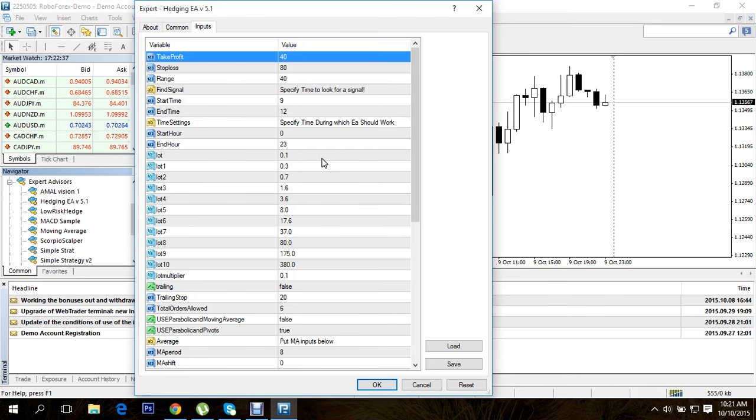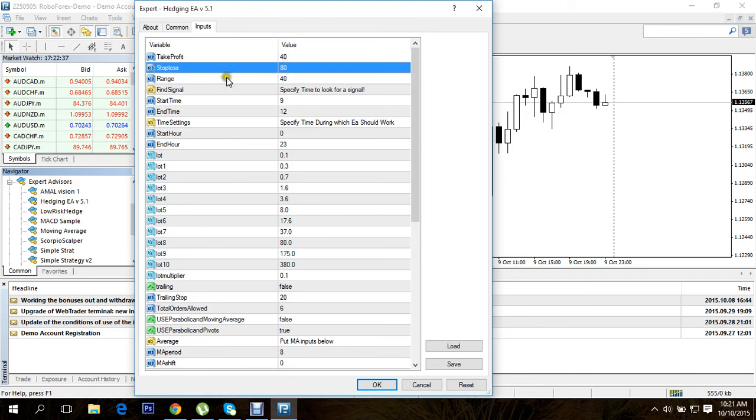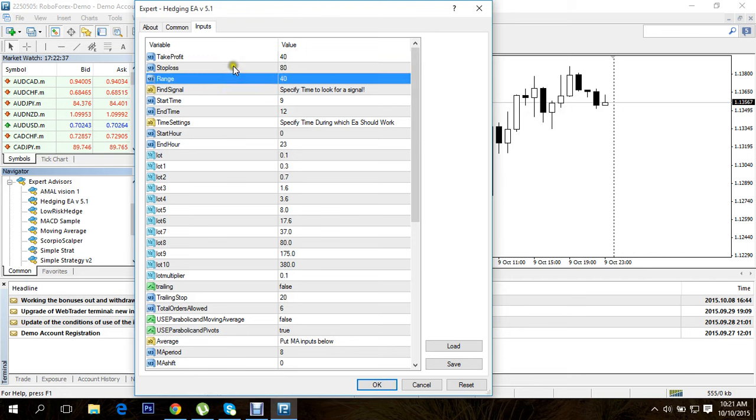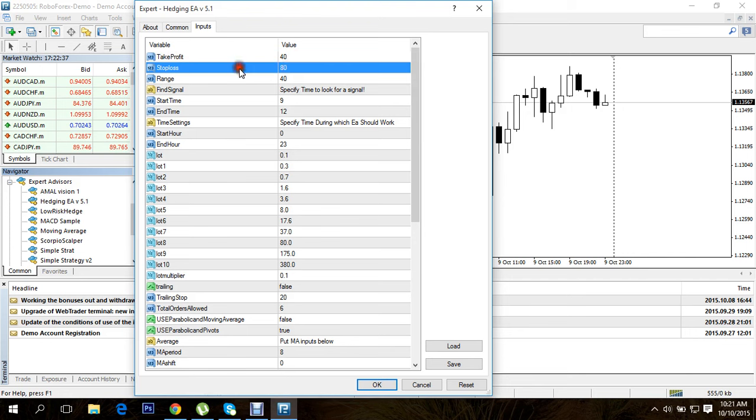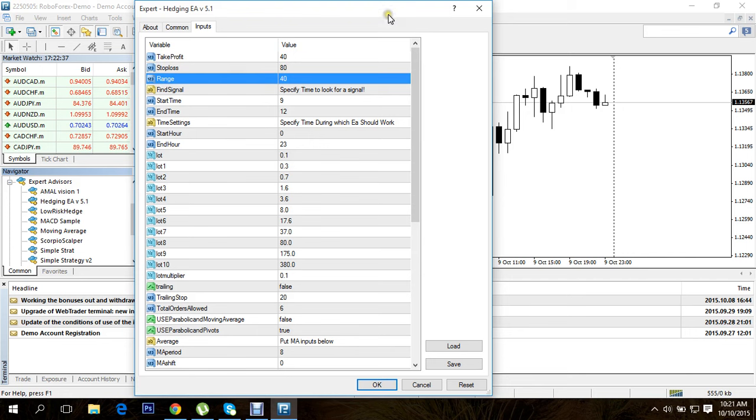Okay, so first things first: take profit, stop loss, and range. What are these three values? We'll talk about them just now.